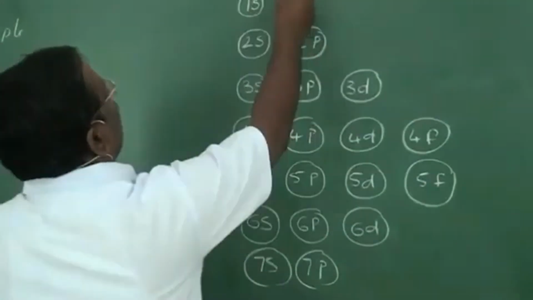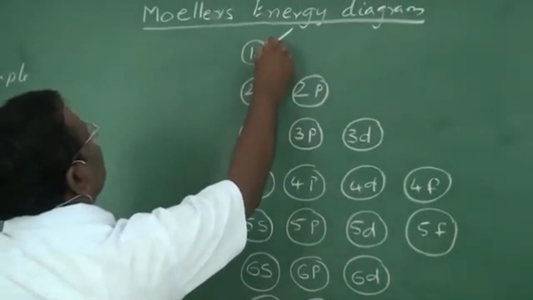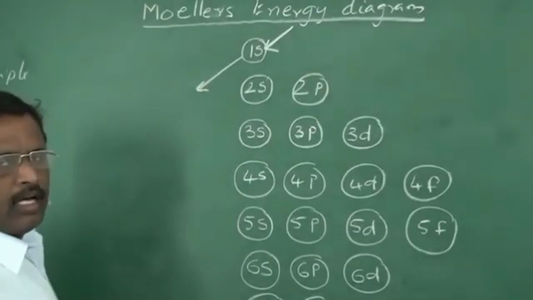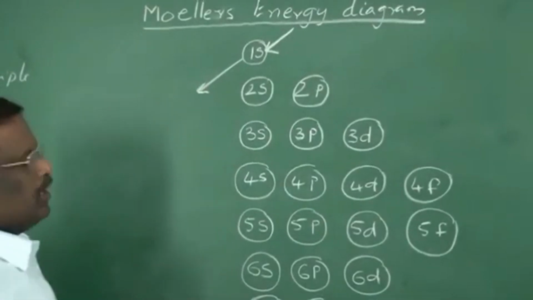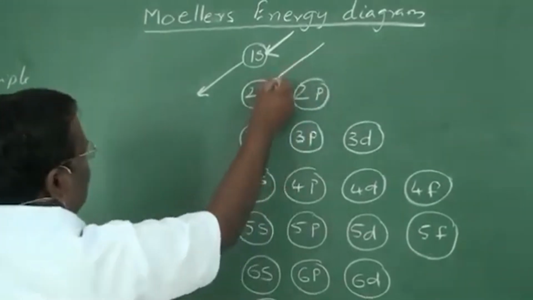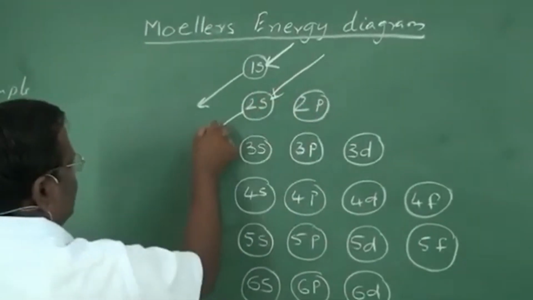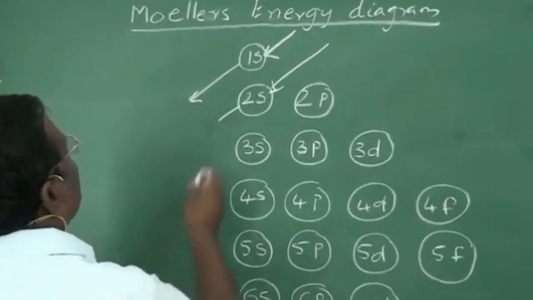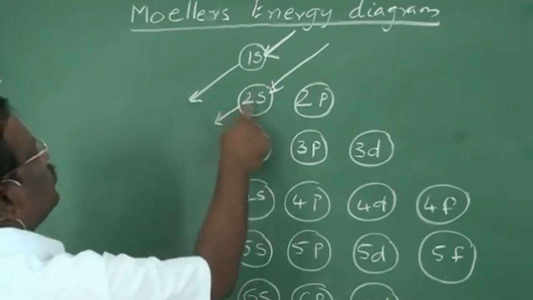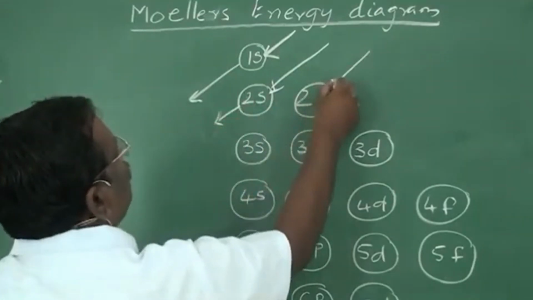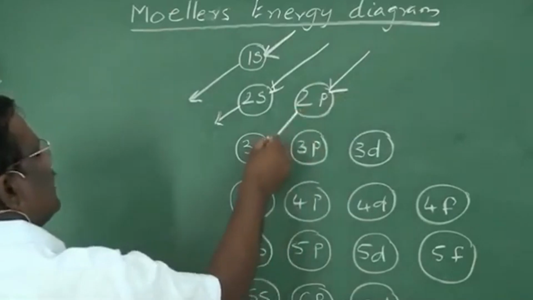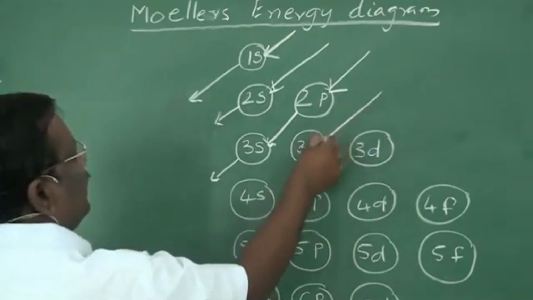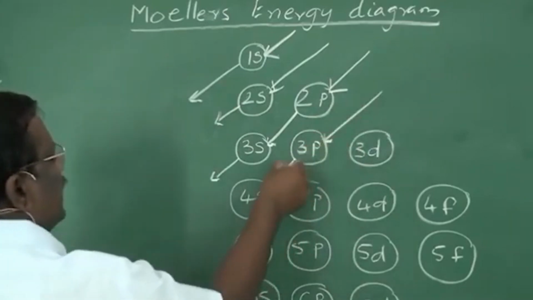Now, electrons first enter 1s. That is the orbital to be filled first. Next, in the second stage, the electron will enter into 2s. After filling of 2s, the electron will enter into the 2p orbital, then 3s. After filling 3s, the electron will enter into 3p, then 4s.